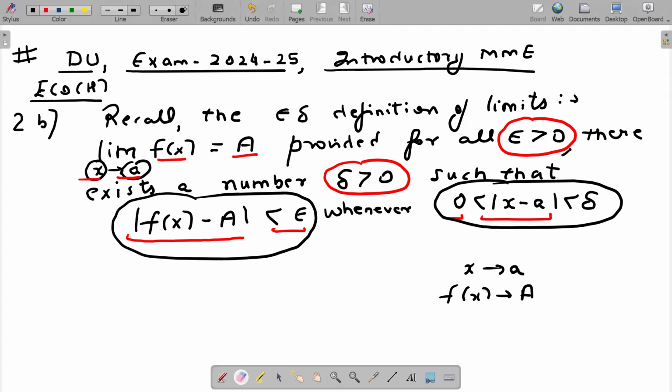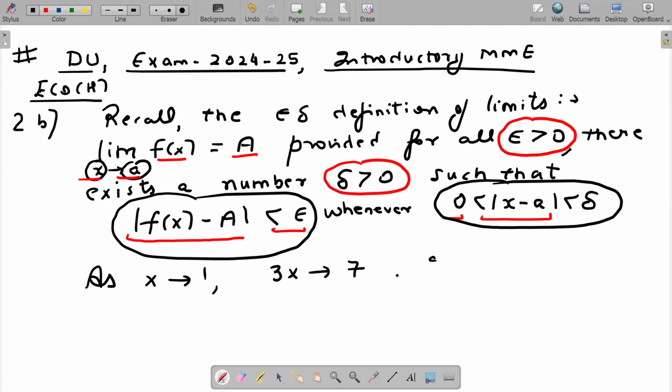Now we need to see whether it's happening for this. In the question we were given that as x tends to 1, 3x tends to 7. Is it true? This is what we need to check using the epsilon delta method.